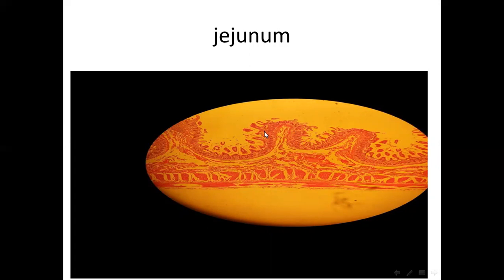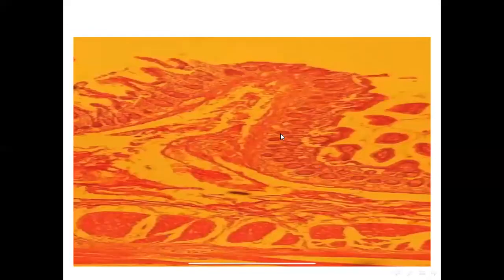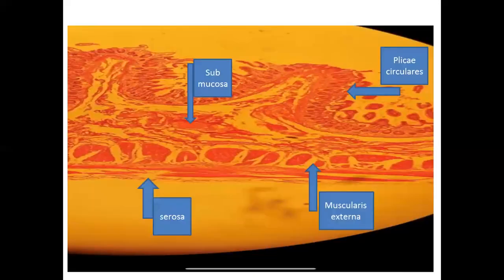It looks like a tree, مثل الشجرة. اوكي، هذا كابتشر ثاني، هذا كابتشر أقرب. تمام. So at the duodenum كان عندنا the presence of Brunner glands at the submucosa. Here we have a plica circularis and it looks like a tree.